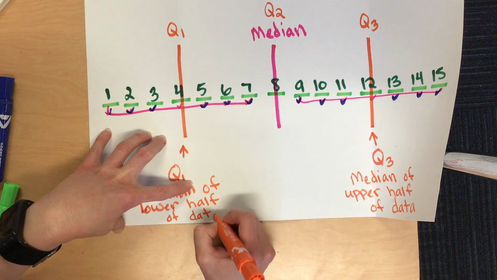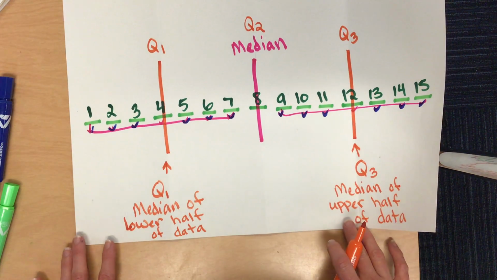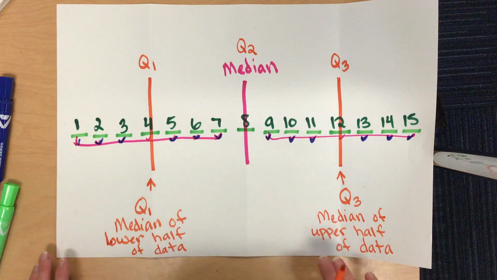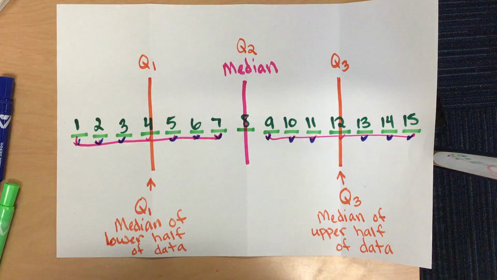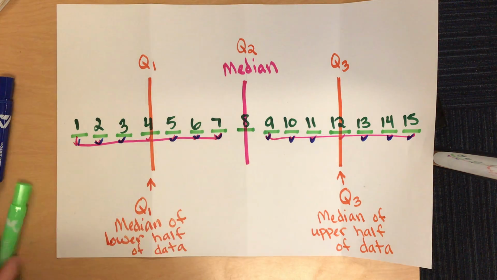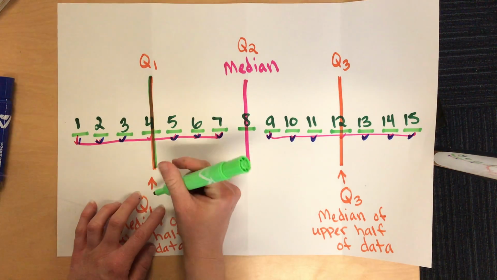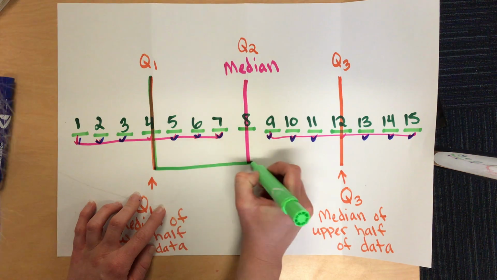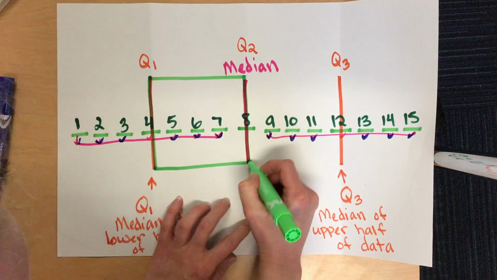Okay, so we've labeled our median, our quartile 1, and our quartile 3. Now, a box plot is drawn around our quartile values. So we have 3 quartile values, Q1, Q2, Q3, and we're going to draw a box around each. So this is quartile 1. You have your median, which is in the middle of your quartiles, and then quartile 3.